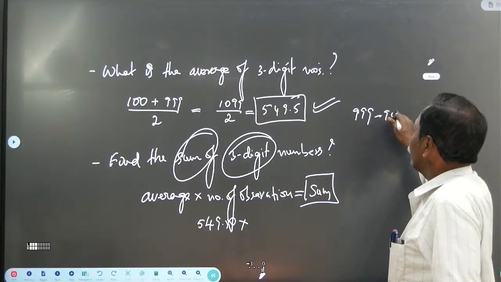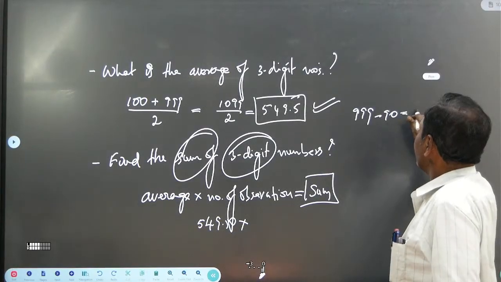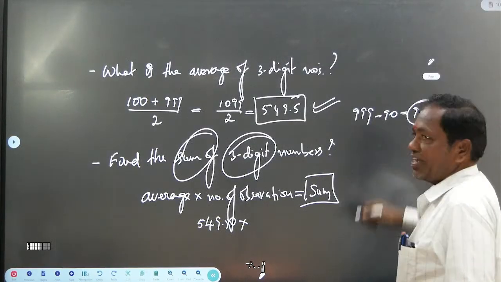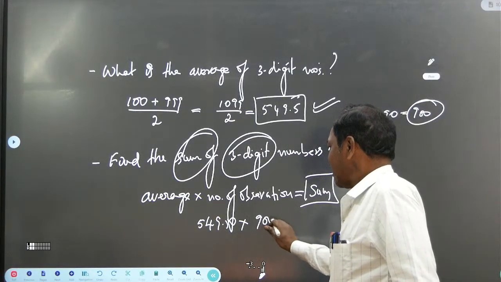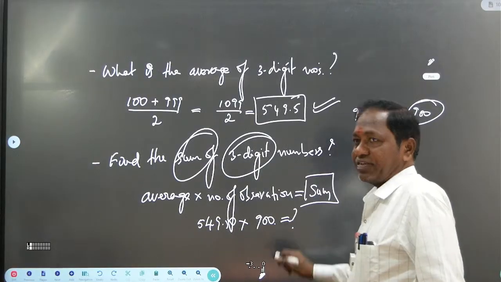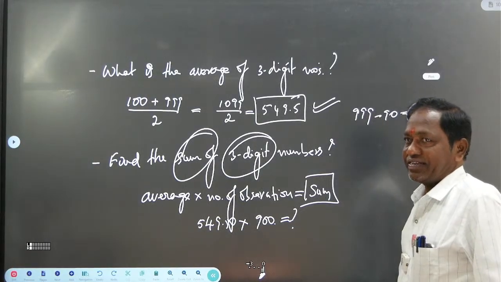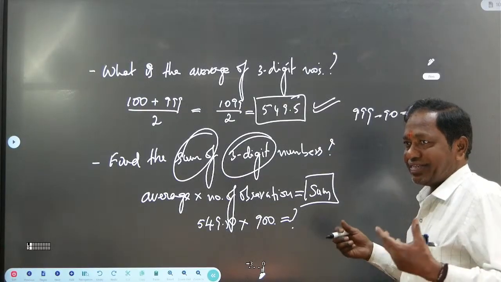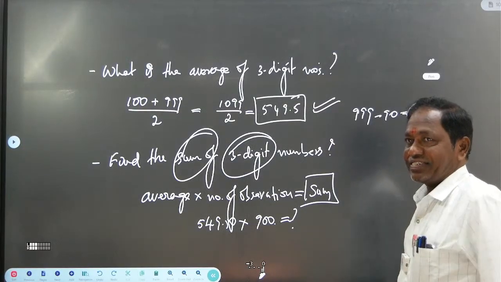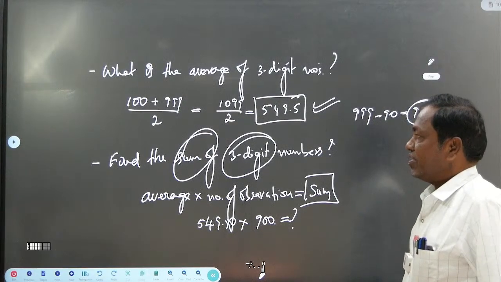Minus those, so 900. Because every chapter is interconnected, interrelated. It's like that. Okay.